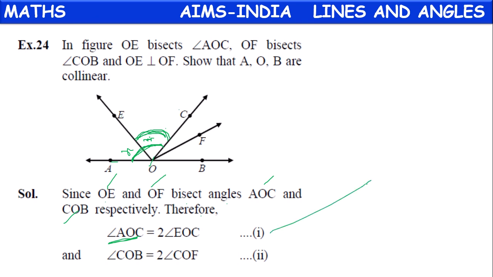That is the first conclusion. In the same way, COB, this big angle, is double this small angle. So COB equals 2 times COF. These two conclusions we can draw.